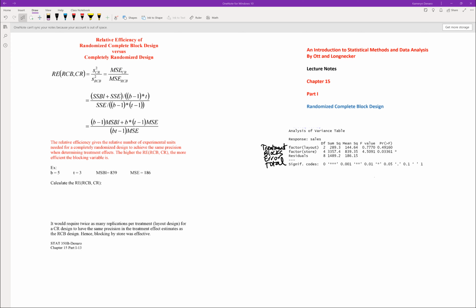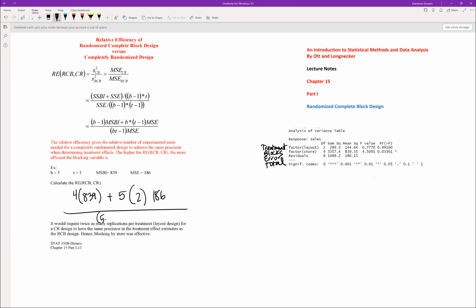Okay, if we'd like to calculate the relative efficiency, the way that we do this is b minus 1, right? That's the degrees of freedom due to the blocks. So that should be 4 times the mean square of the blocks, 839, plus b times t minus 1, which is 2 times your mean squared error, 186, divided by bt minus 1, right?